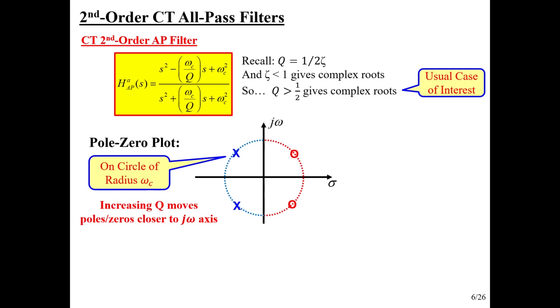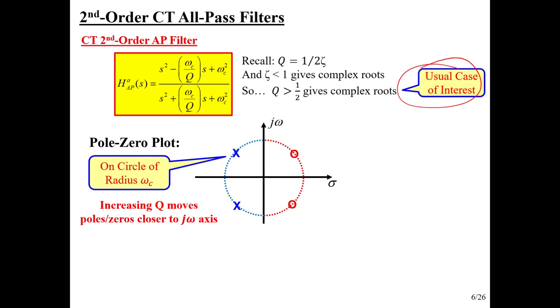So let's consider that we have complex poles. And remember, we talked about how as Q changes, these poles would move around this circle with a radius of omega c, and then they could get repeated at that position, and then they could move on the real axis. So we could do that. But like I said, we're mostly interested in the case where we have complex roots.